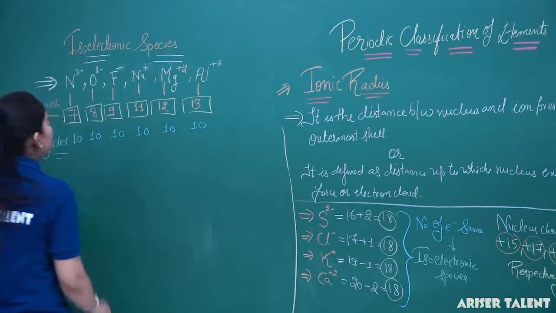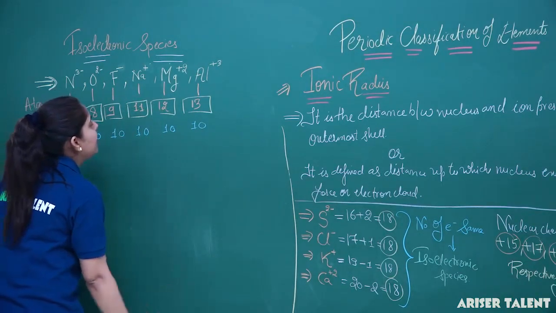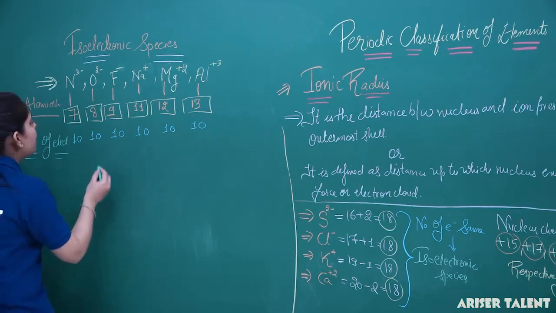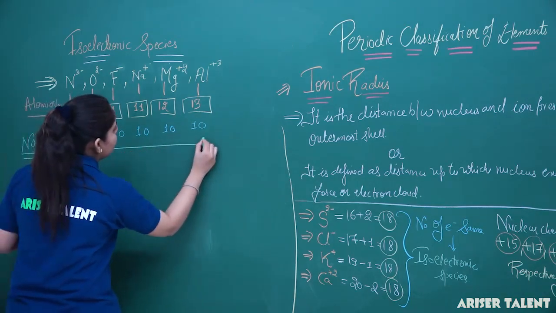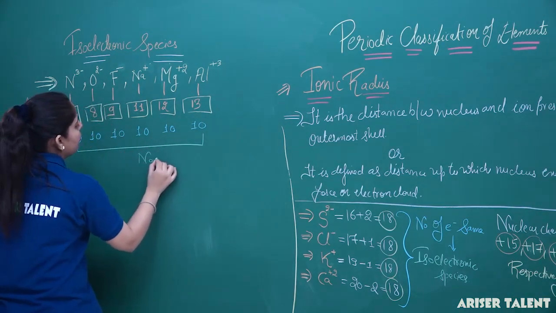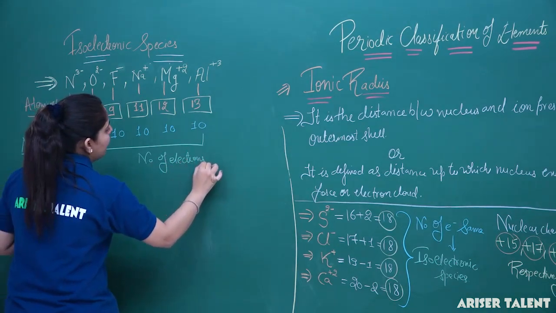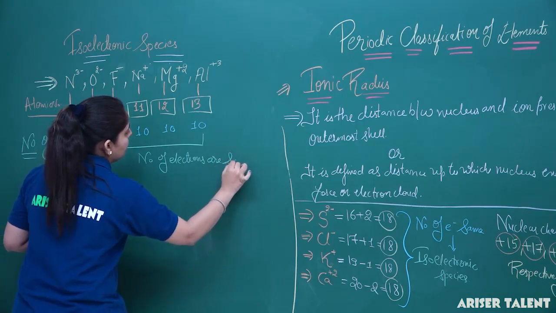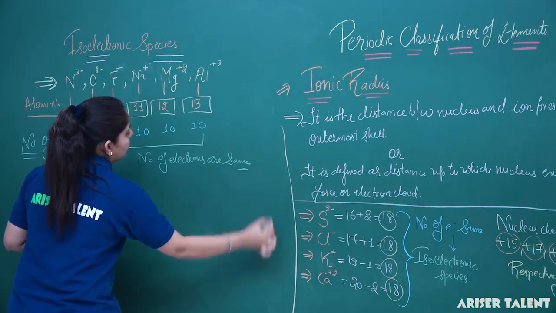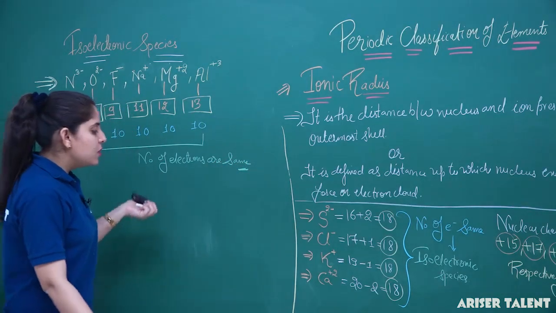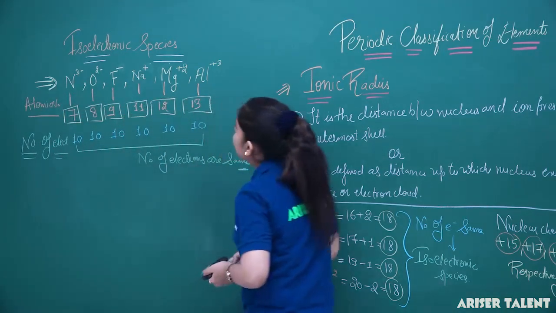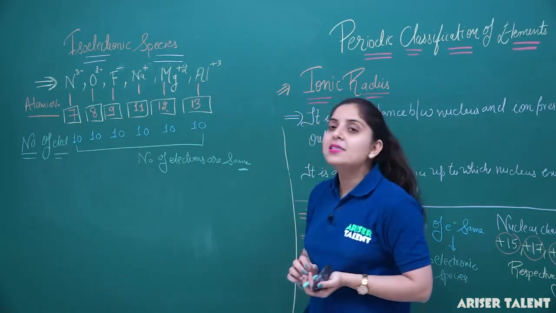But what about the trend of ionic radius in such species? You can observe that the number of electrons are the same, but what will be the trend for ionic radii in such a case?